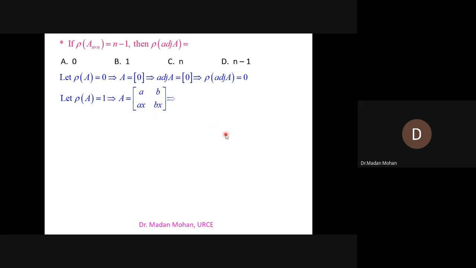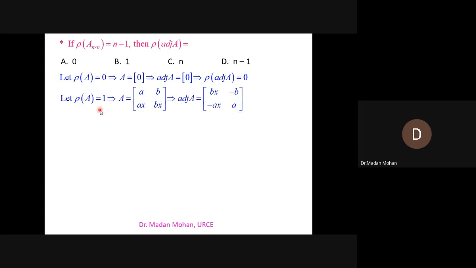Then I require its adjoint. You know how to write adjoint? Interchange these two positions and put minus signs on these two. You know how to find A inverse: adjoint A by determinant of A. That adjoint A, when 2 cross 2, interchange these two and put minus signs here. It is adjoint A.